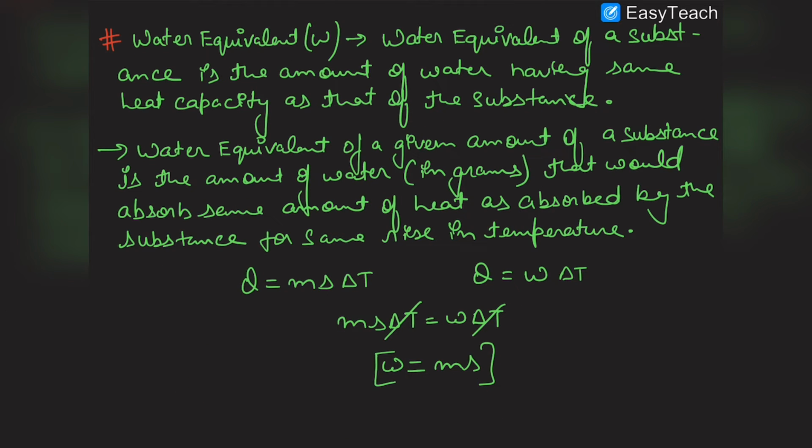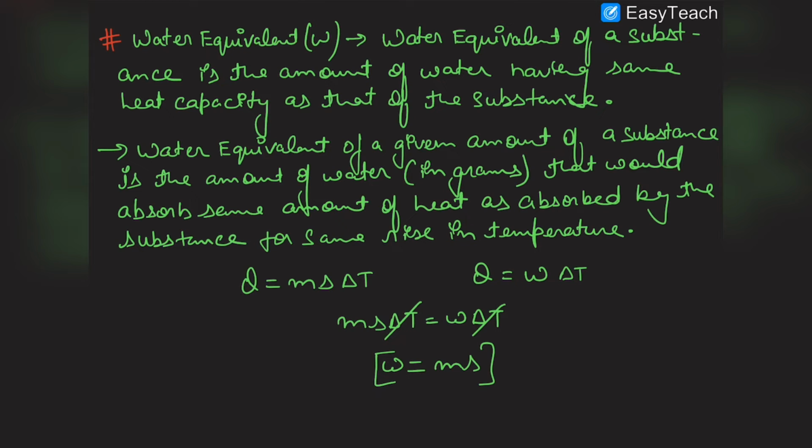Now, water equivalent is also a quantity which is used for calorimeters. The calorimeter is a copper vessel which is used to stir or mix two liquids or two different substances which are at different temperatures.